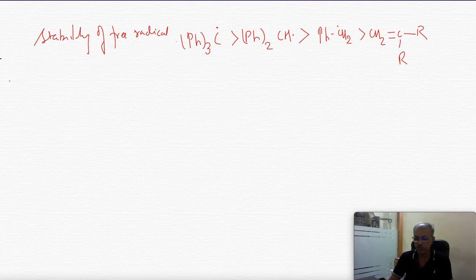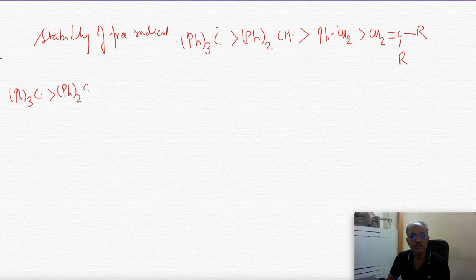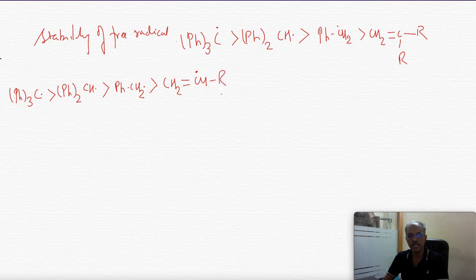I will write a whole series now. Once again, I will repeat it. Phenyl 3 radical is more stable than phenyl twice CH radical, which is more than phenyl CH2 free radical, which is more than, I will say, CH double bond CH CH2, the allyl radical.